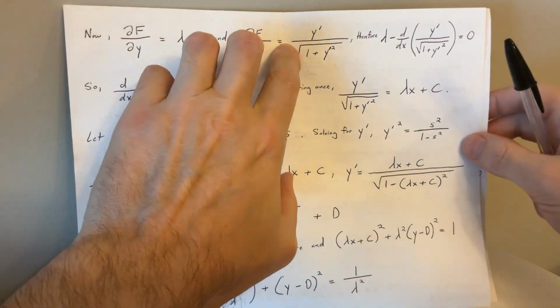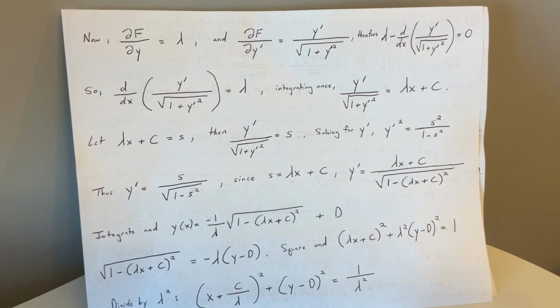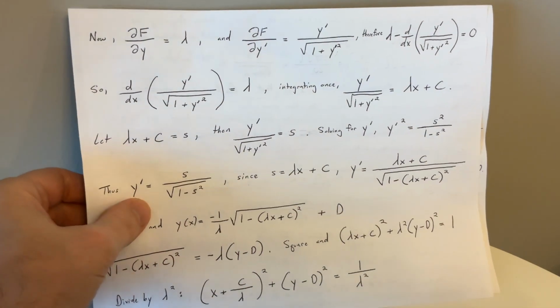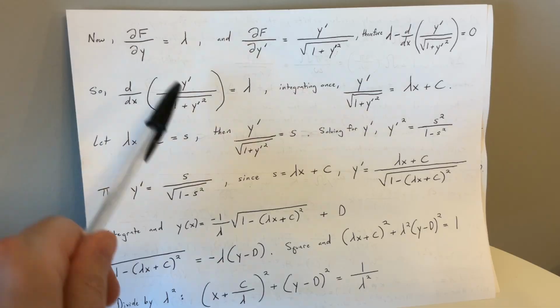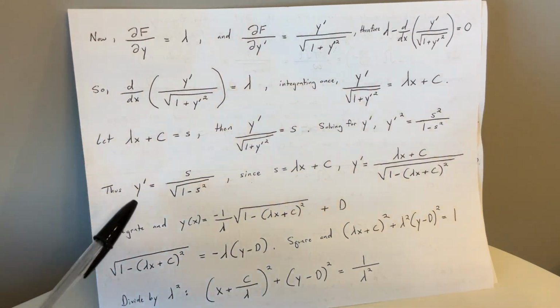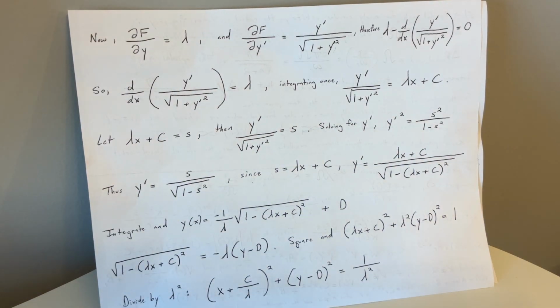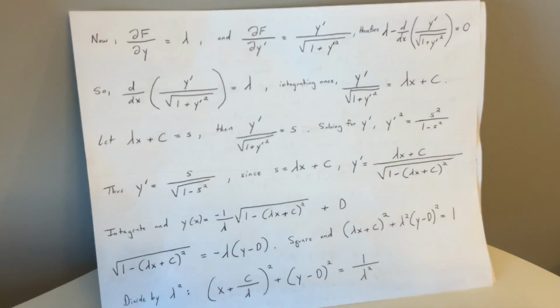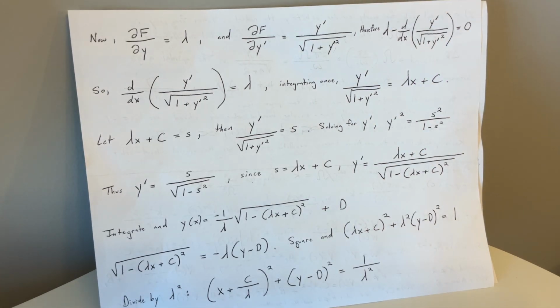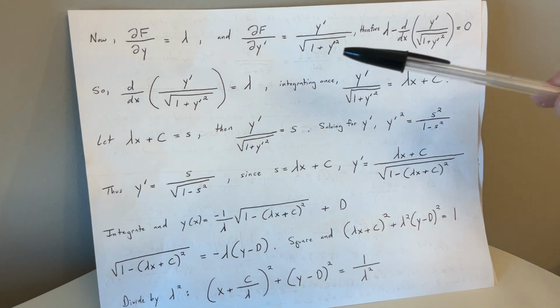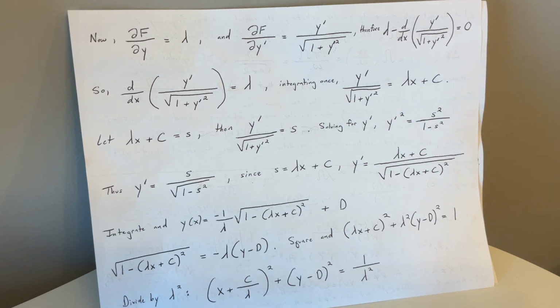So building on that, the partial derivative of f with respect to y equals lambda, and the partial derivative of f with respect to y prime equals y prime over the square root of 1 plus y prime squared. Therefore, lambda minus d dx of y prime over the square root of 1 plus y prime squared equals 0.